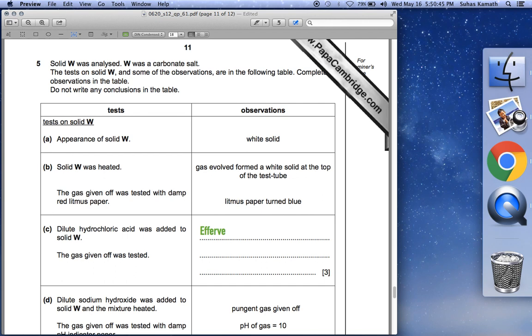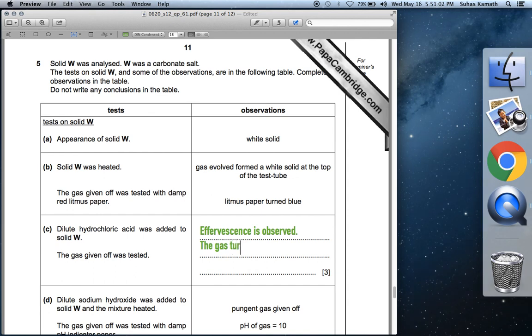Effervescence is seen, or even better, in a more scientific way, observed. The gas turns lime water milky.